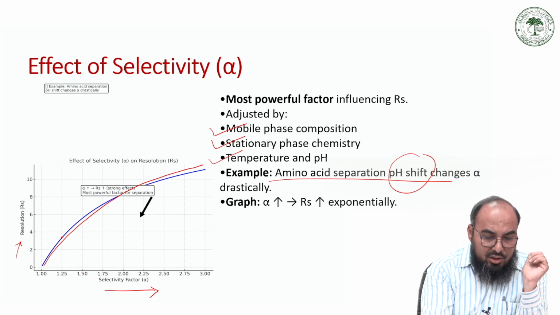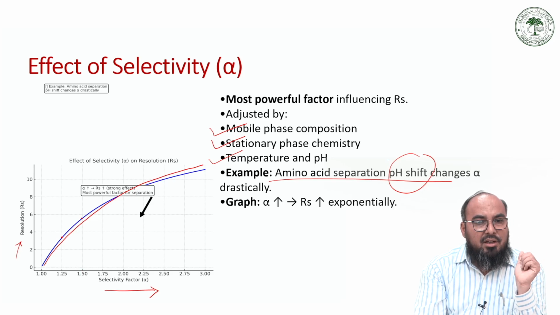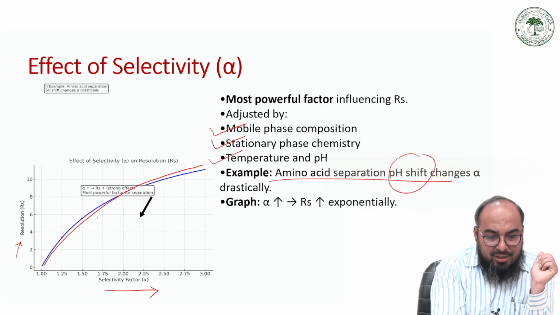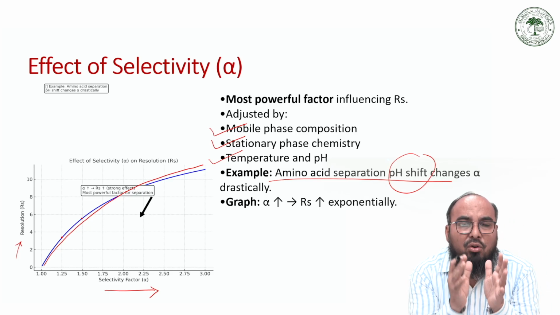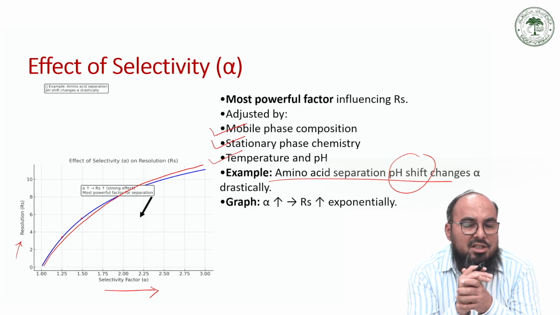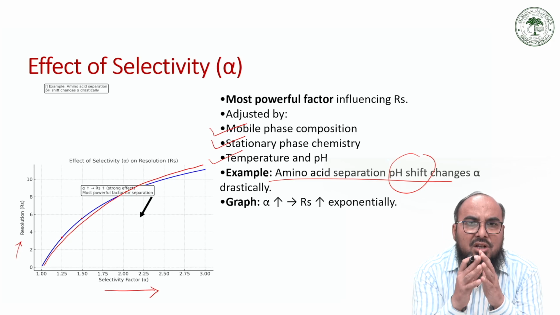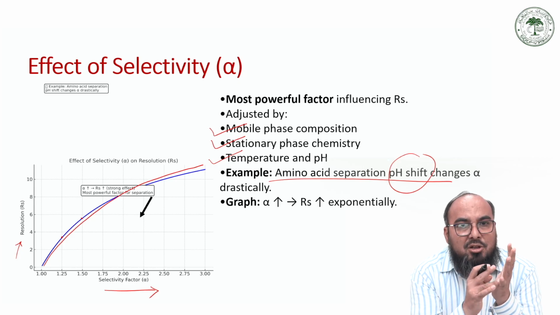At 1.5, your resolution becomes more than 5 folds. So this alpha actually dictates the whole resolution part. This is the most dominant feature out of all, that is N, alpha and k dash. So alpha is the most dominant one.